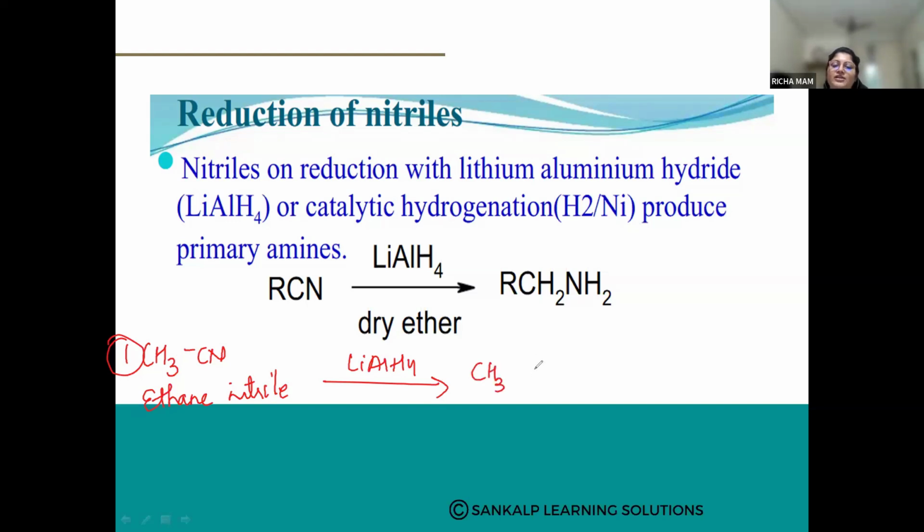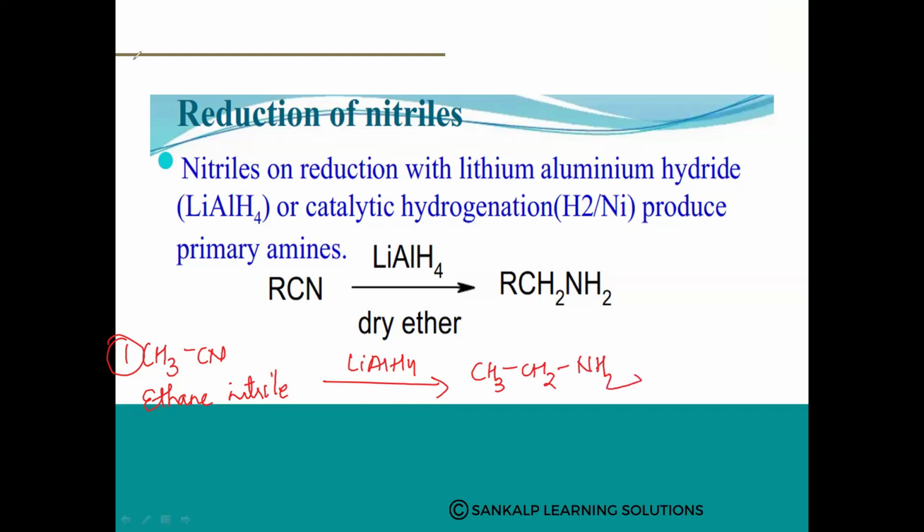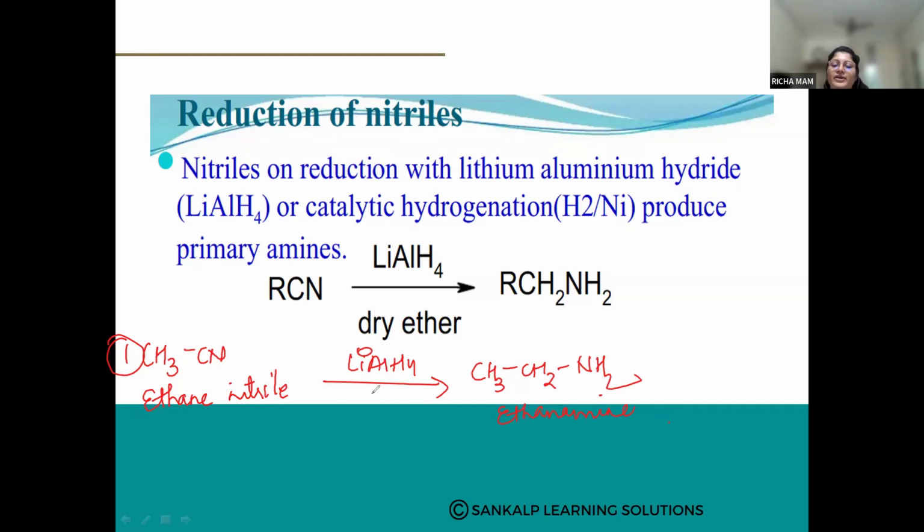I'm going to get CH3CH2NH2. The name is ethanamine. So ethane nitrile with the help of lithium aluminum hydride will give you ethanamine.